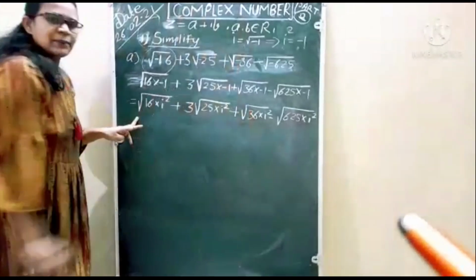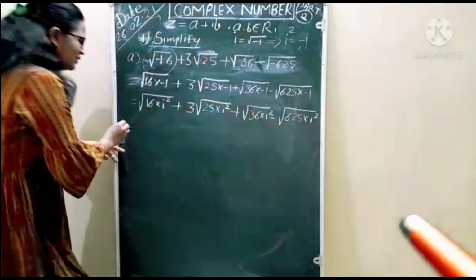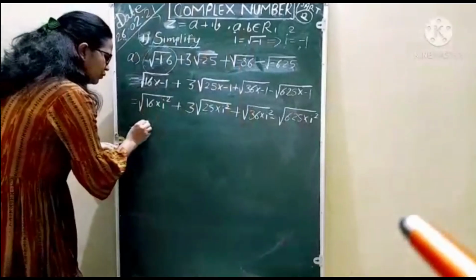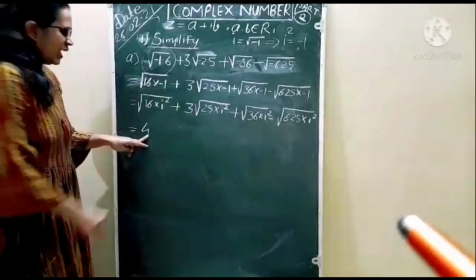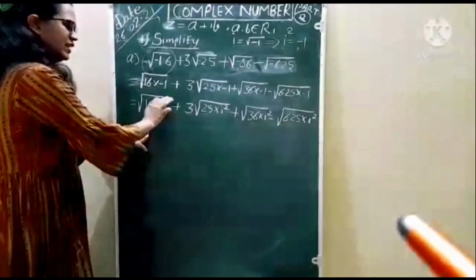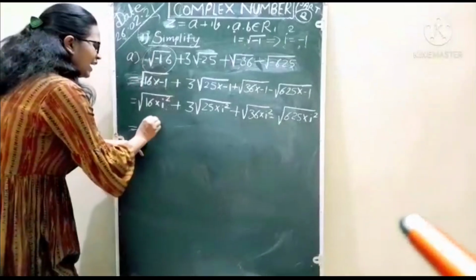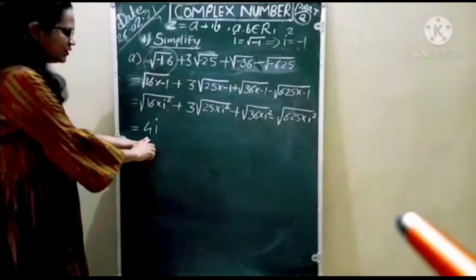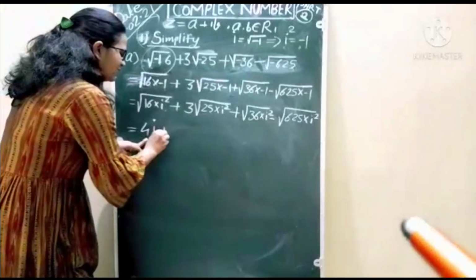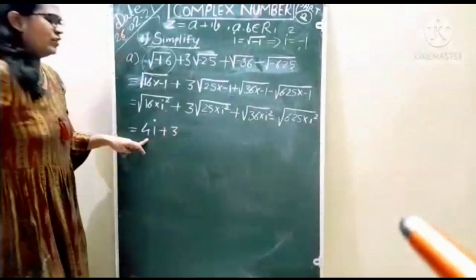Now you have to separate the root. For root 16 you know it's 4, and root of i square is only i. So it's 4i. The plus sign is as it is and 3 is there.